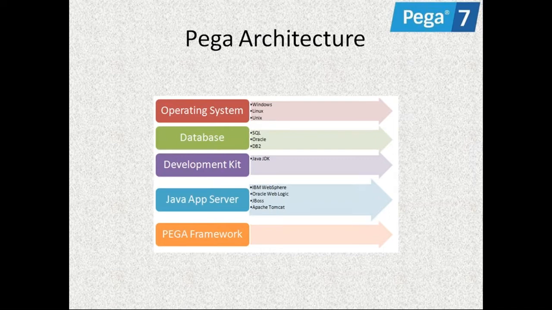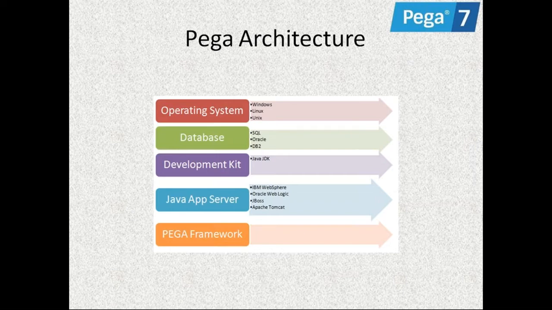When they take the license for a project, the client will mention the database and server, or according to the requirement the business people will suggest some database and server. So when they take the license for project development, the database and server access will be given from the PEGA system server only.